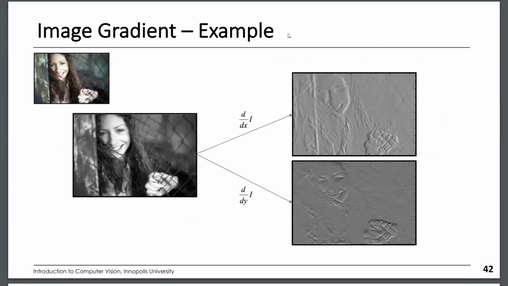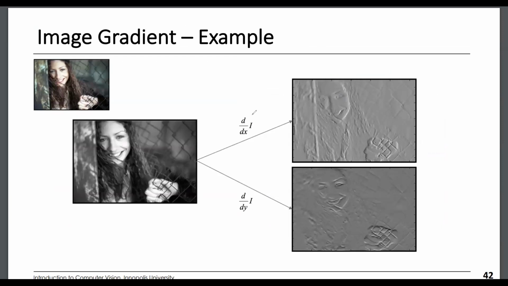Now, how do we use this in real life? Basically, we take an image, we calculate its horizontal edges, and then we calculate its vertical edges.